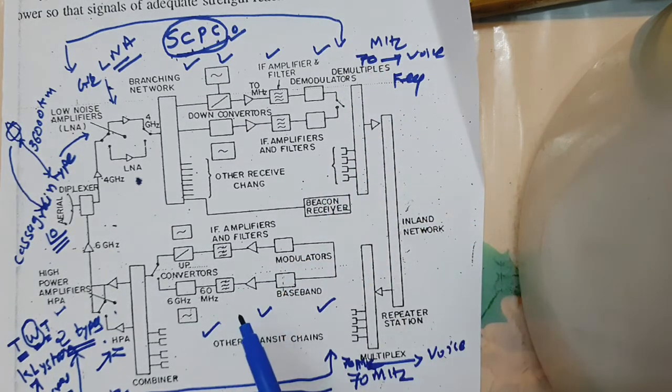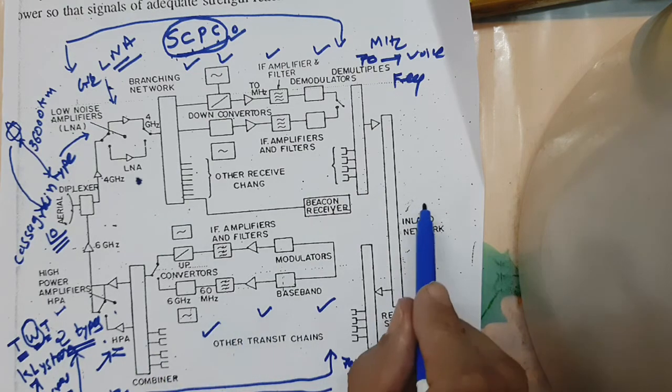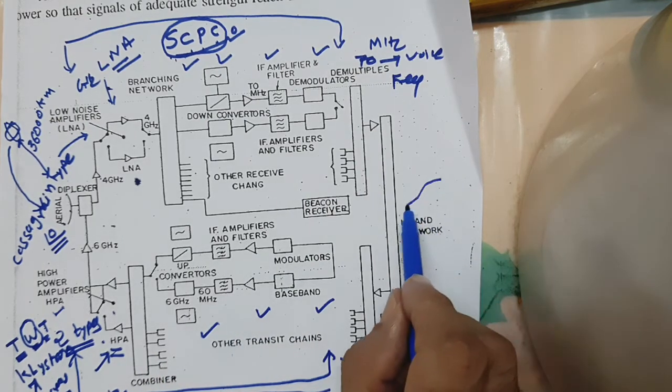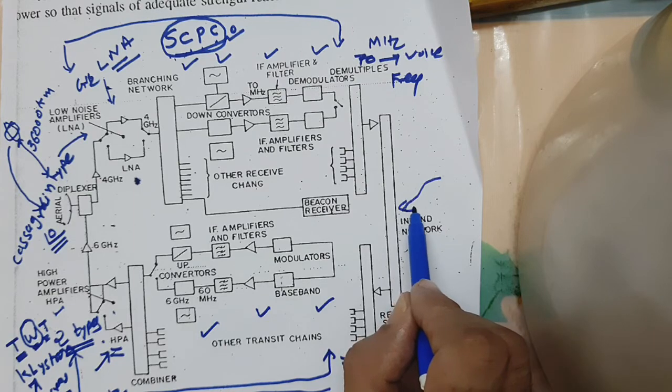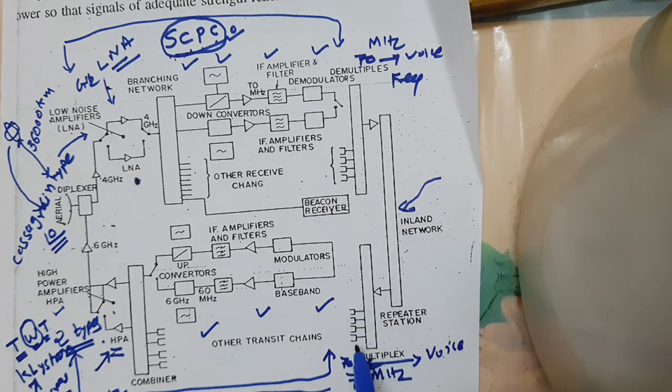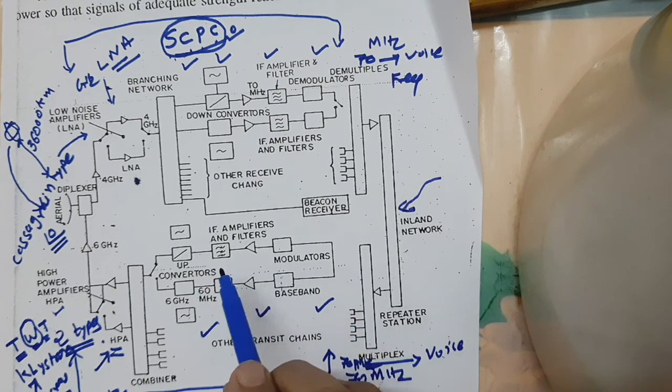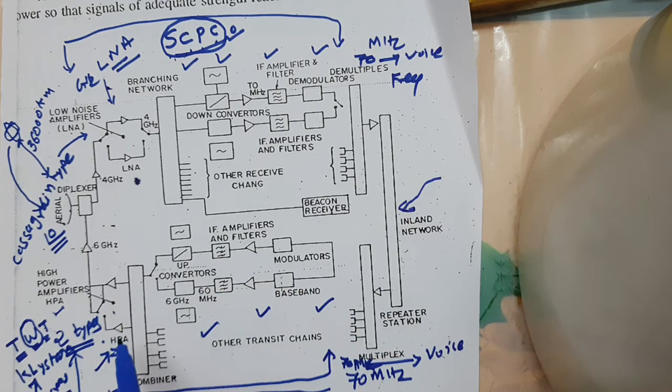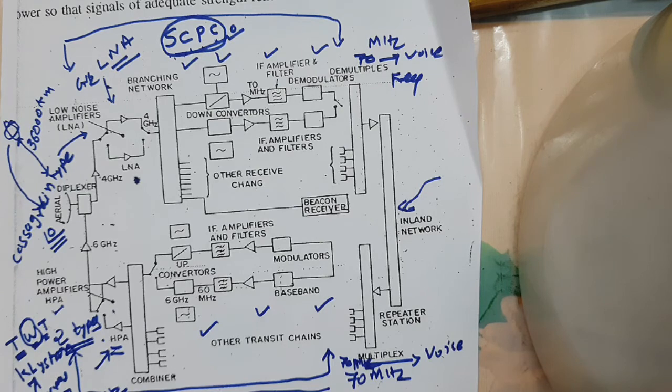What happens in the transmitting section? Whatever signal we are getting from the different earth stations, there are a number of channels. In this signal, we increase the frequency to the gigahertz range. To increase to the gigahertz range, we are using this ground communication equipment, 6 gigahertz: up converter, IF amplifier, modulator.